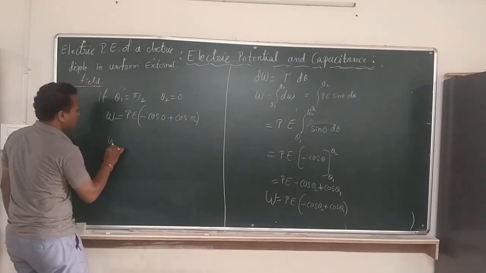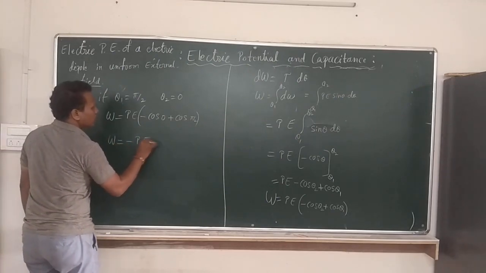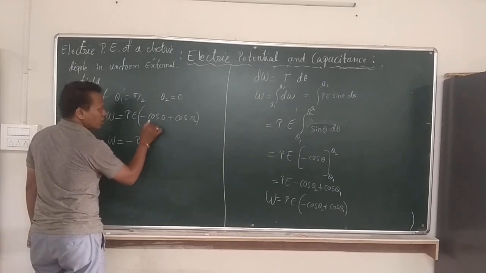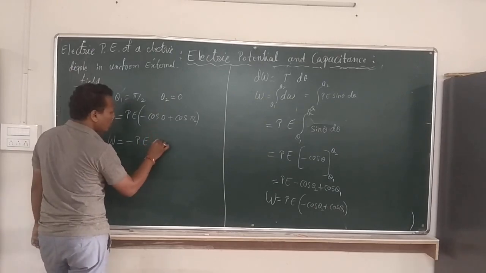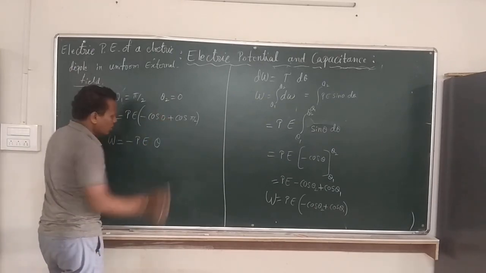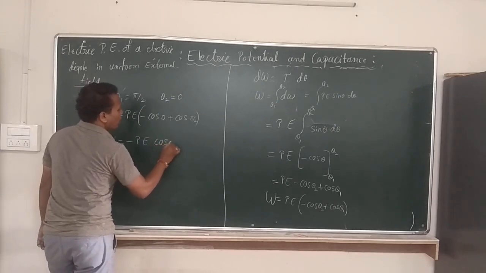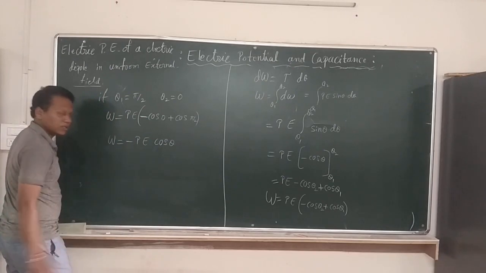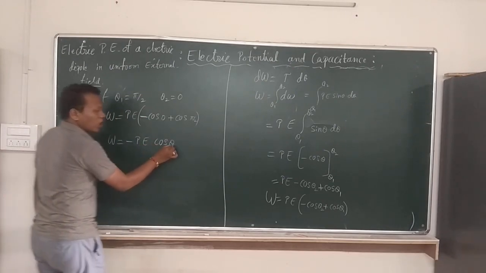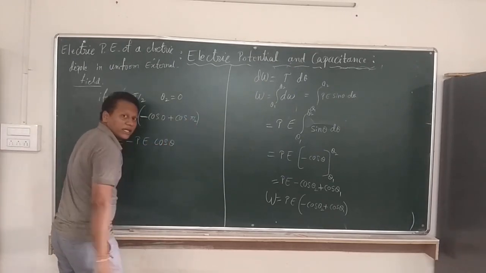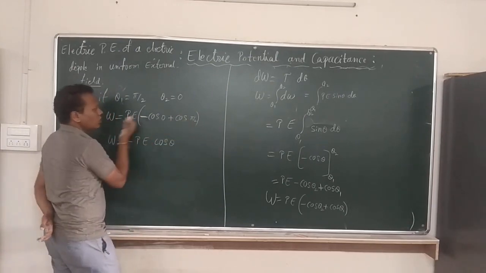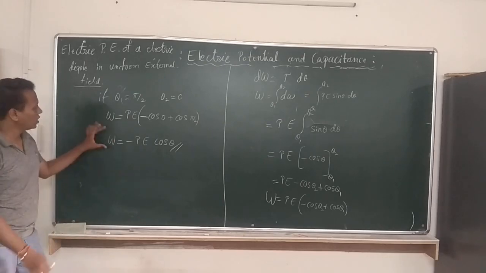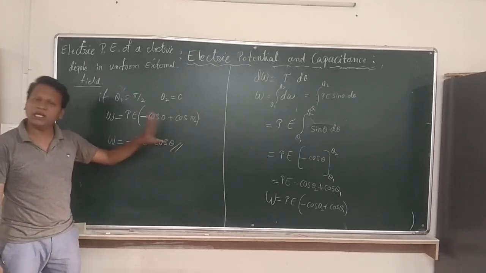So W is equal to minus PE cos theta, taking it simply as cos theta. Cos 90 is 0, and 0 into 0 will be 0. So the thing left is W is equal to minus PE cos theta.